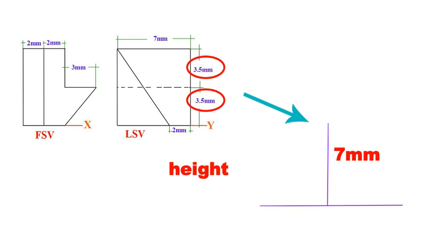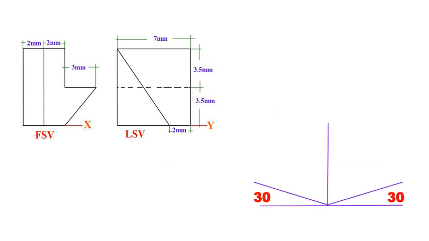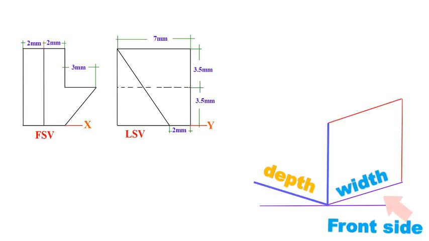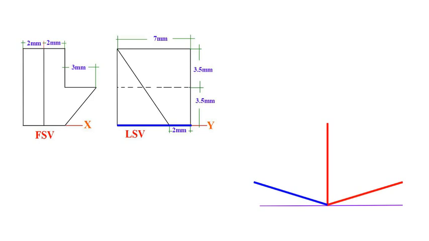In our case, the height is 7 mm, as derived from the orthographic views. Next, we need to establish the 30-degree axes. These axes will represent the depth and width of the object. The axis that extends to the right of the vertical axis will represent the depth, while the axis that extends to the front will represent the width.